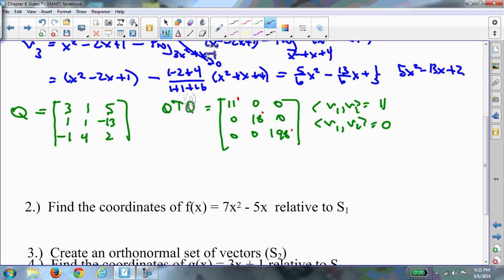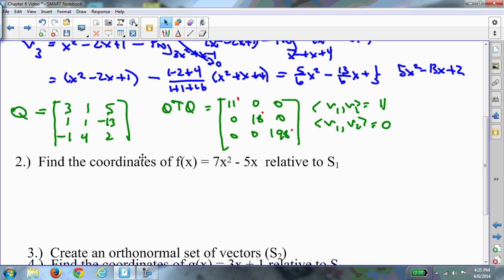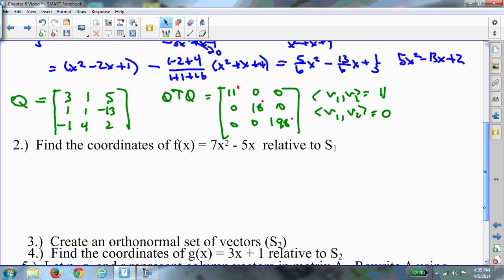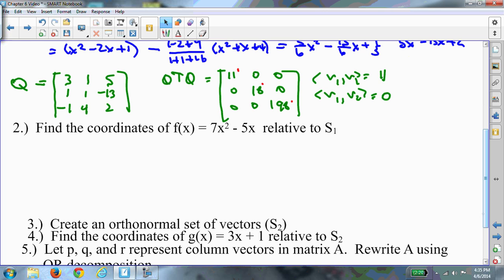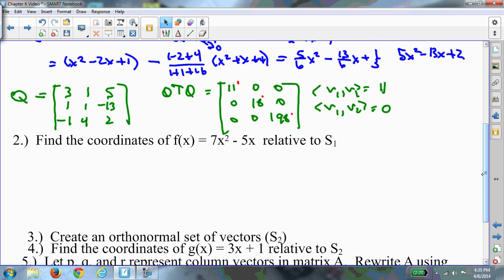Now, the coordinates of f of x relative to s sub 1. So those vectors up there are my s sub 1. Coordinates are basically how much I want to go in each direction of the basis vectors. So they're just numbers. It's like 3 units this way, 7 units that way, negative 2 units this way. And we can do an RREF, but since they're orthogonal, we can also use the idea of projection.